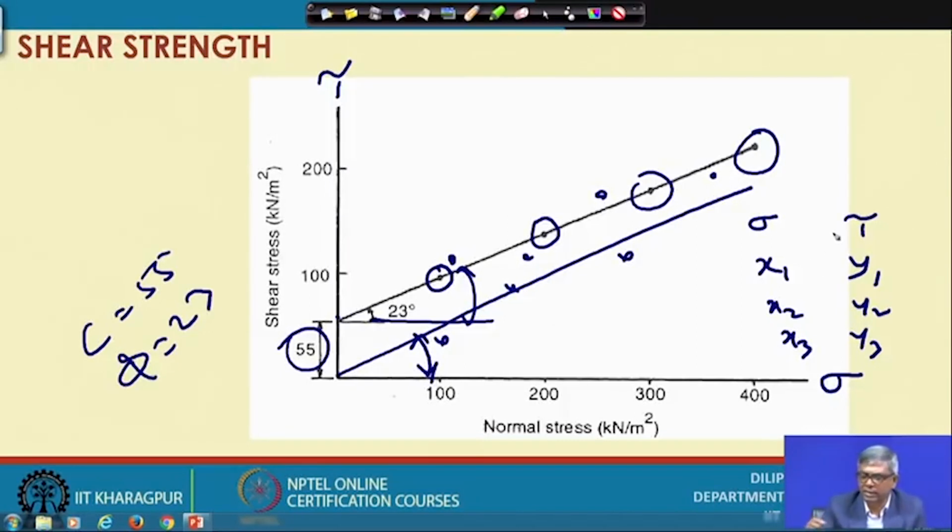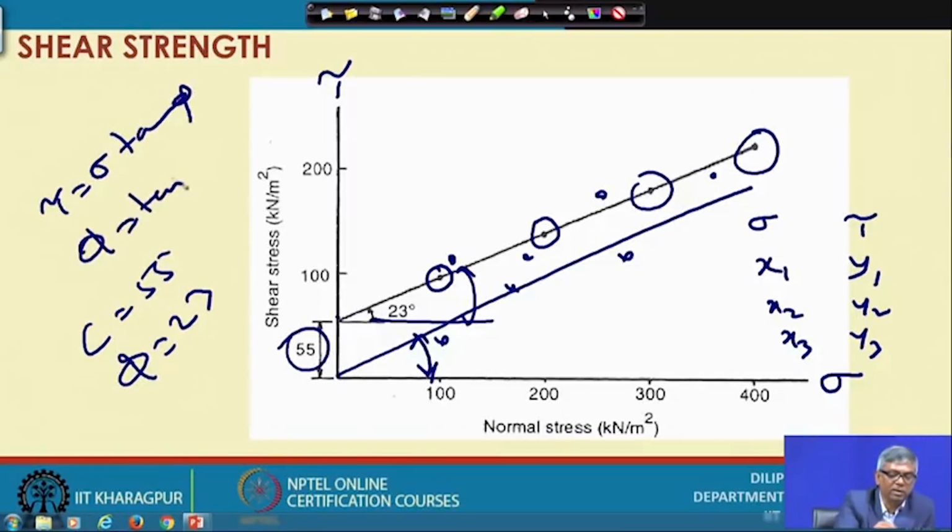Or directly, when it is a cohesionless soil, tau equal to sigma tan phi, or phi equal to tan inverse of tau by sigma.